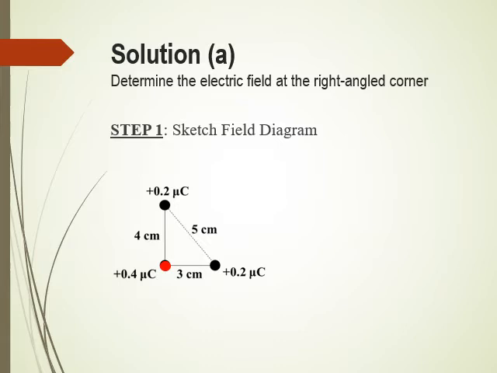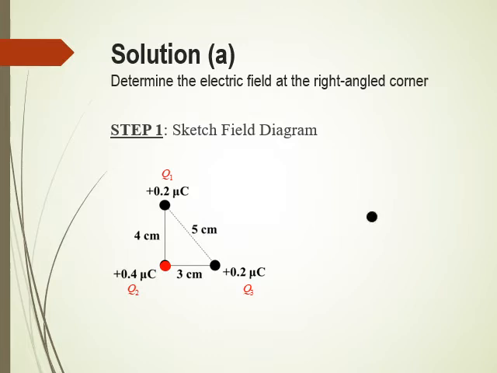Before we proceed to the diagram, I would like to label the charges first. I'm going to label this charge as Q1, here as Q2, and this one as Q3. Now that I'm ready, let us proceed to the sketching.